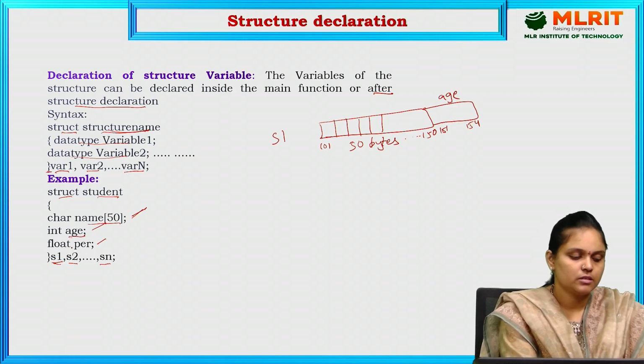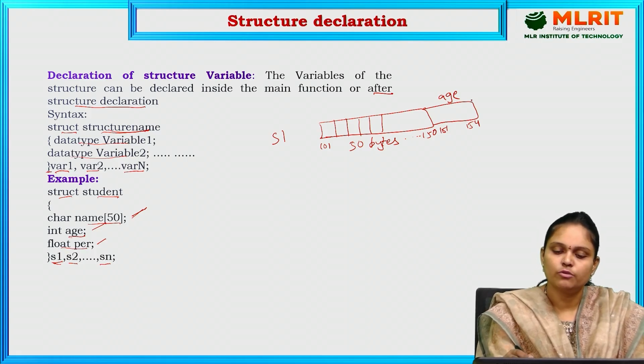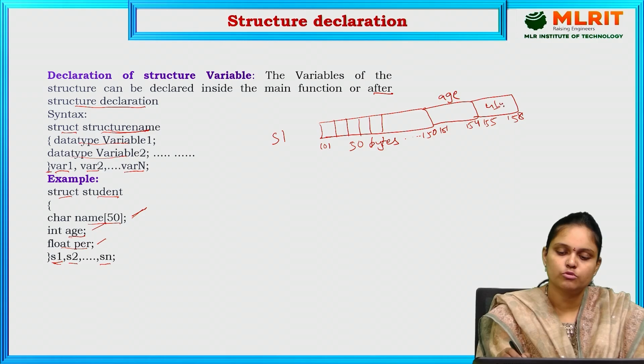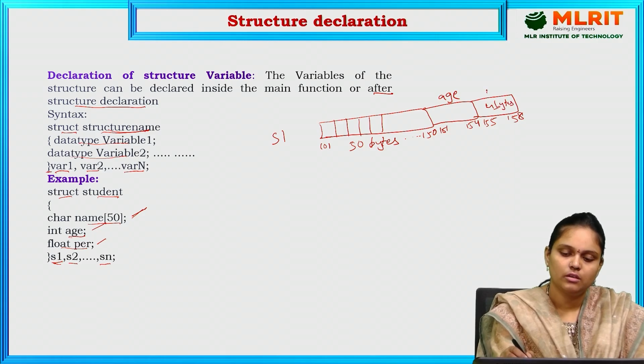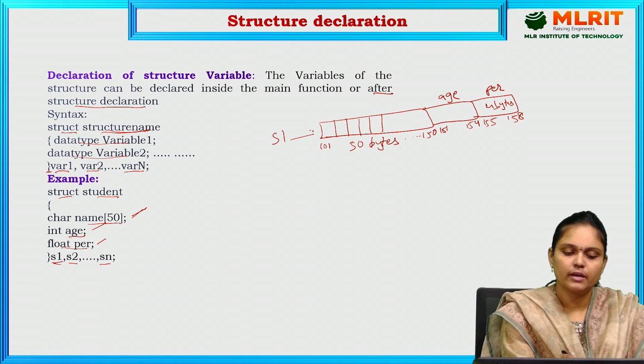Next, we have a member of float data type, and the size of the float is also 4 bytes. So 155 to 158, again 4 bytes of memory, is used to store the percentage of that particular student. So this is for S1.